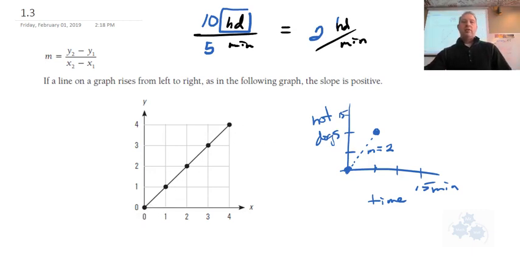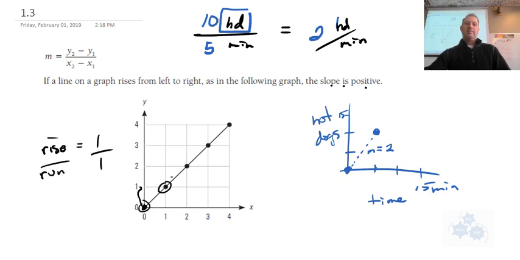Okay? And so this one says: if a line on a graph rises from left to right, the slope is positive. Well, let's think about this. If we start at 0, what's the rise between this point and this point? The rise is 1, and the run is 1. So look at that.